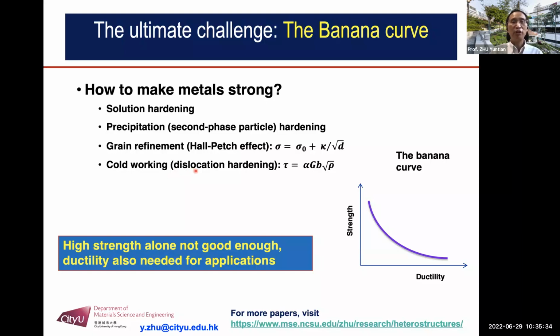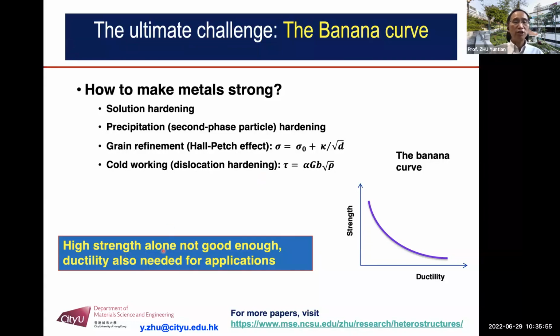That's because you increase the dislocation density. That's called dislocation hardening, and this is Taylor's equation. The rho is the dislocation density. Higher dislocation density gives you higher strength. Okay, this can make the material stronger.